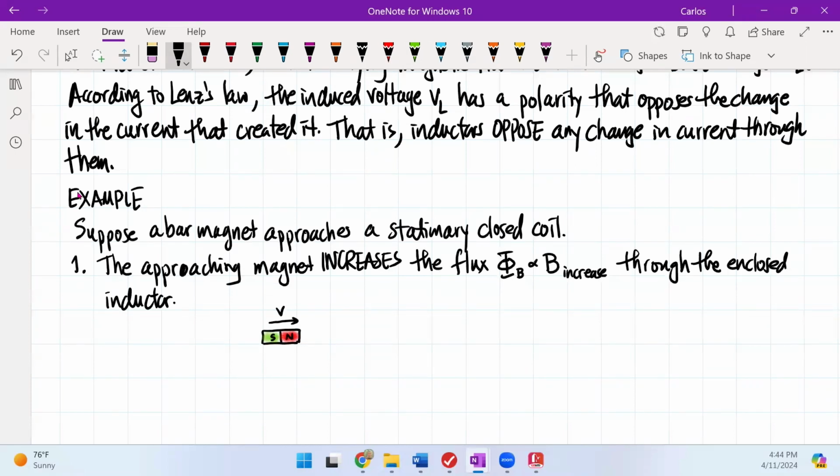If I have a coil here, and these are the wires of the coil, there's going to be an increase in the magnetic flux through here, which we're going to just focus on as the magnetic field.